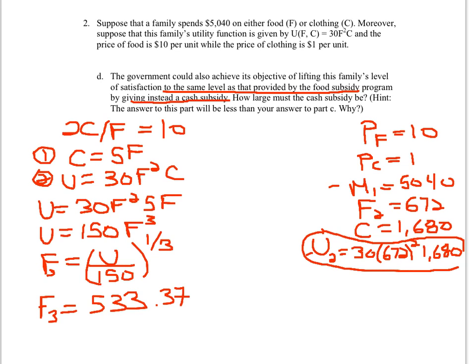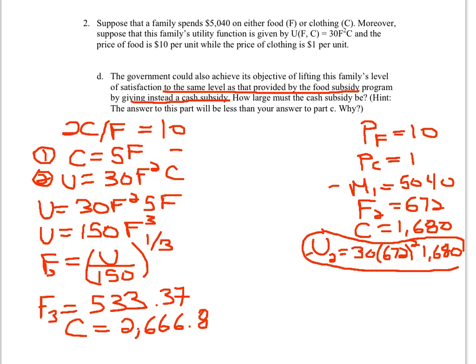These are the number of units of food this family will consume when the family gets this amount of utility. Now we multiply that times 5, because of this, and we get the number of C. So C is going to be equal to 2666.8.